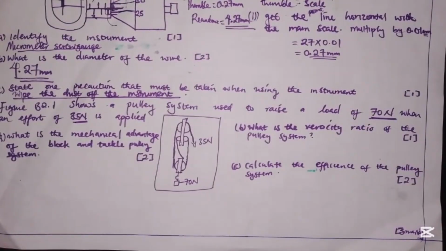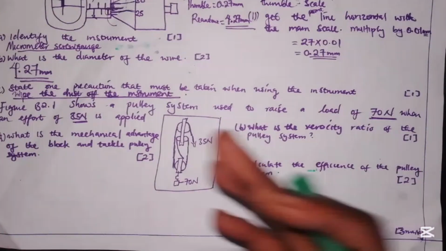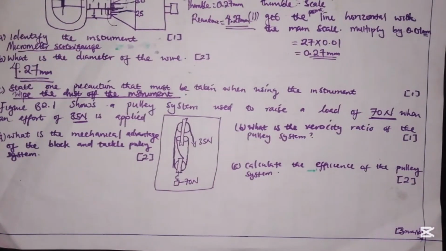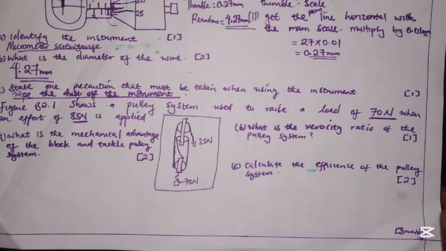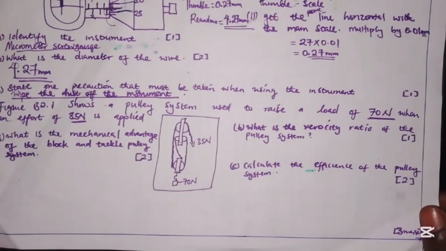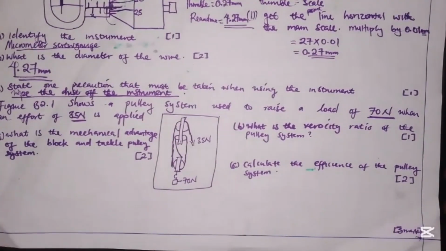So the first step for us to solving this question is first understanding what a simple machine is. So I've made also a video on a simple machine where I've explained what it is and how you can calculate the mechanical advantage, velocity ratio, and the efficiency. So in this video, I'll just talk a bit about the mechanical advantage and the efficiency because this is what we are calculating in our question.